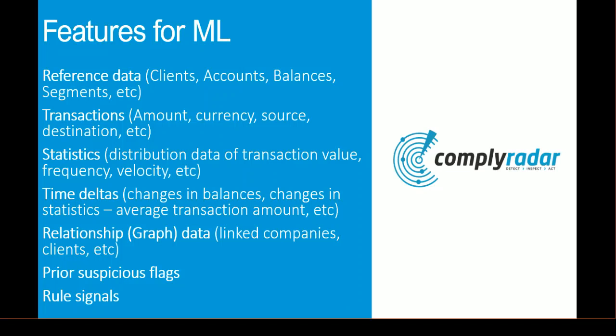Relationship data, from a technical perspective, there is what is called graph data as well. So to give you an idea, like the ICIJ thing, where you have, let's say, nodes and edges between those nodes, right? And each node could be a person or a company, and an edge is a relationship between those nodes. And from a machine learning perspective, in fact, it is quite a recent thing.